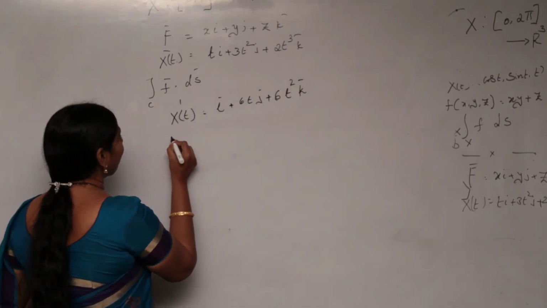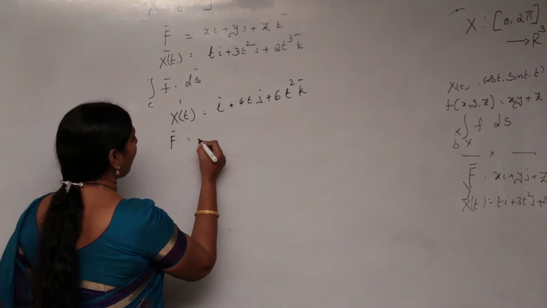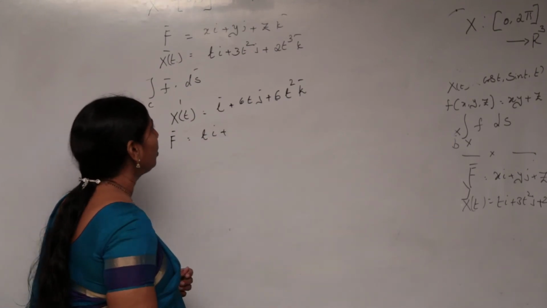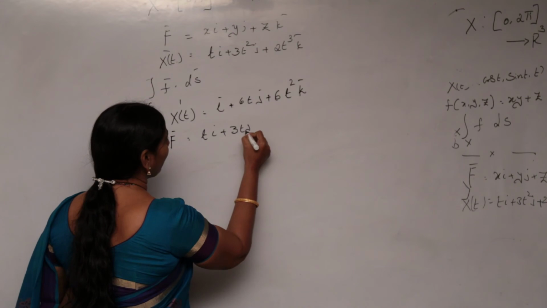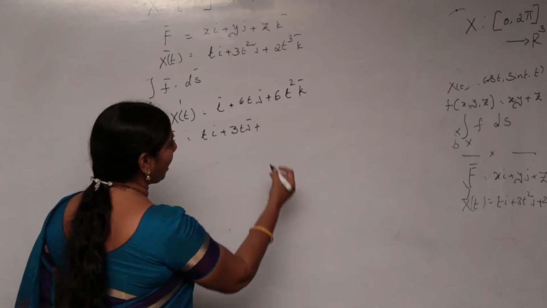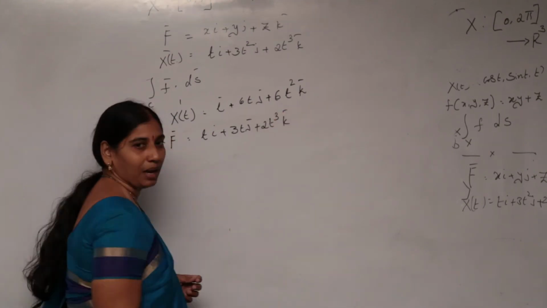Then our function capital F bar is x i bar, so that is t i bar, plus y j bar, so that is 3t square j bar, plus z k bar, so that is 2t cube k bar.